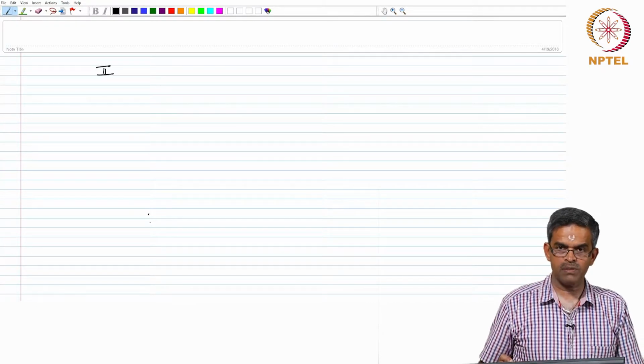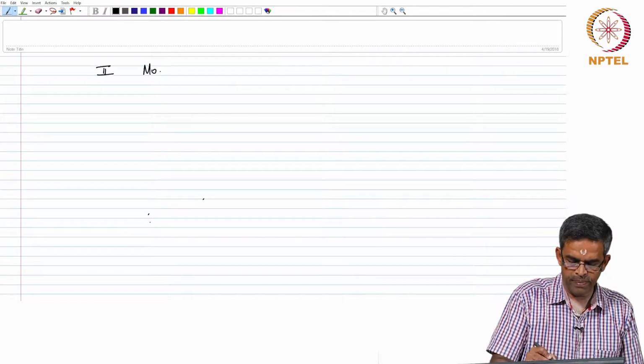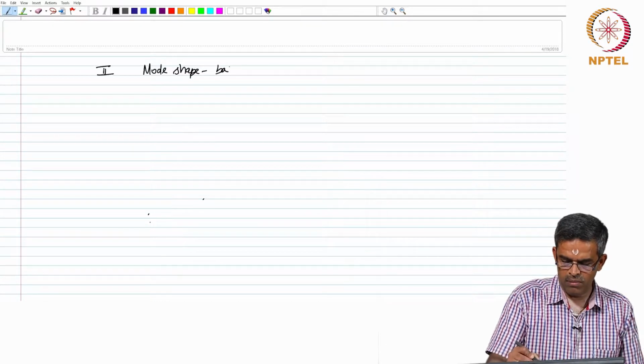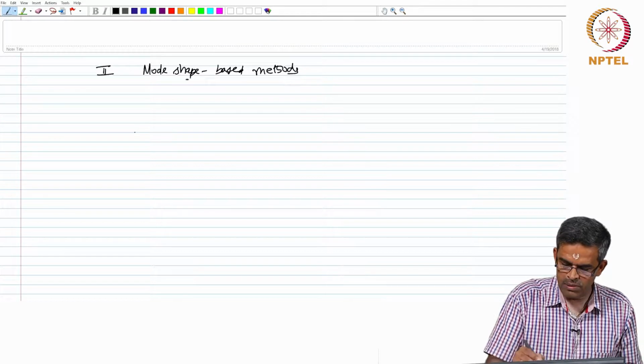The second method, which is popular, is based upon the mode shape. So, we say mode shape based methods.